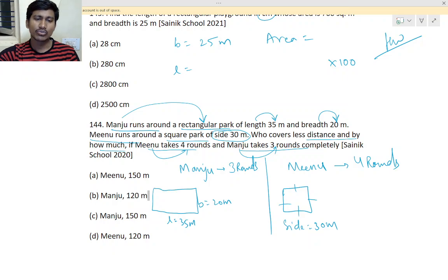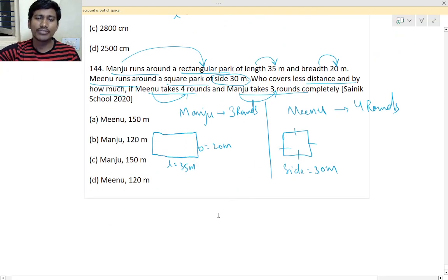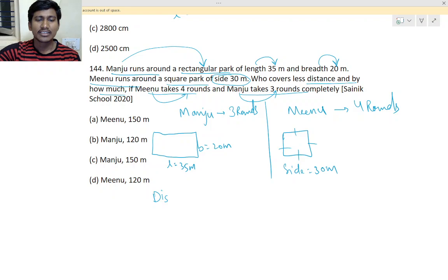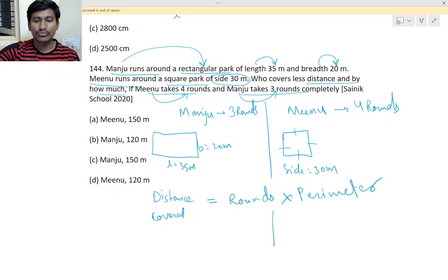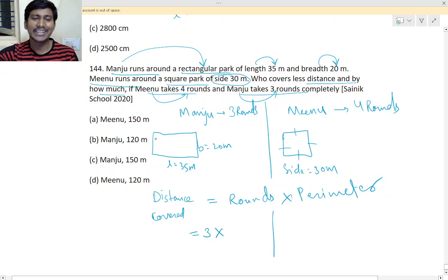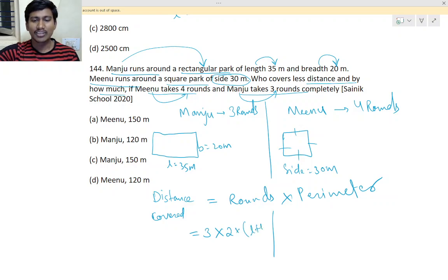How do we find the distance covered? Distance covered is rounds into perimeter. For Manju, it is 3 rounds into the perimeter of the rectangle, which is 2 into length plus breadth.